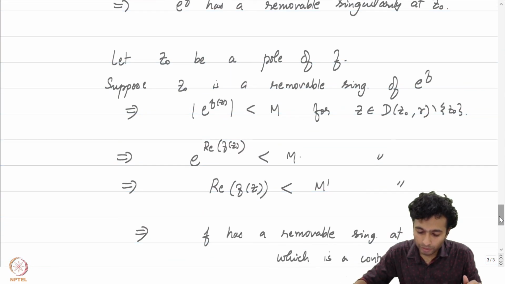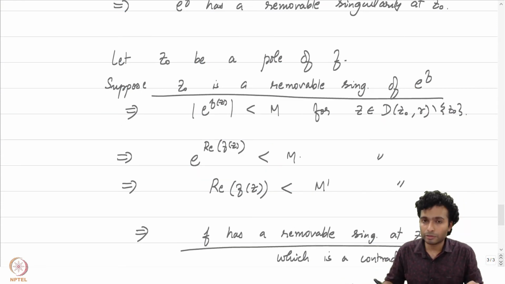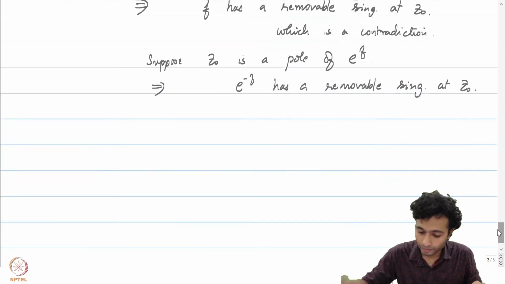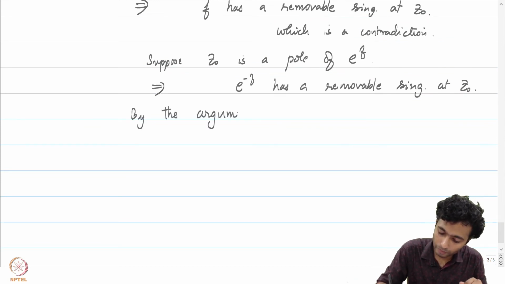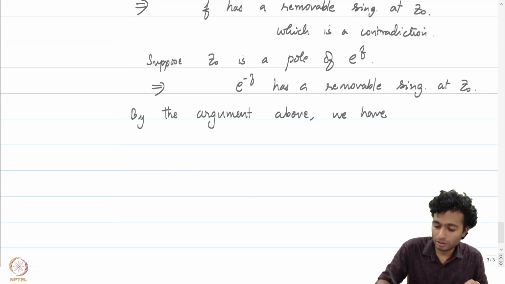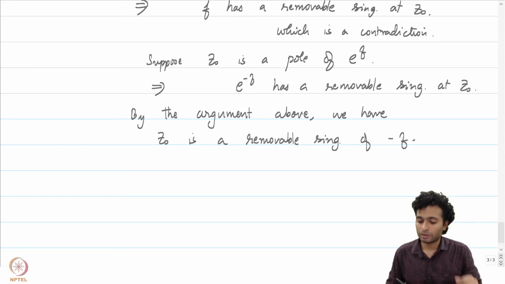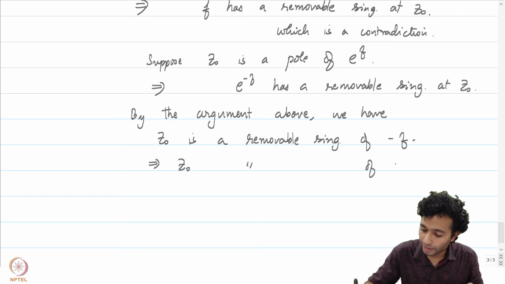It's going to be a removable singularity. But then, if z0 is a removable singularity of e to the power f, we concluded that f has a removable singularity at z0, right? And using this argument, by the argument above, we have z0 is a removable singularity of minus f, but then that would imply that z0 is a removable singularity of f as well.